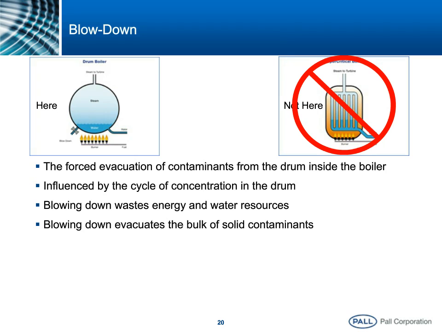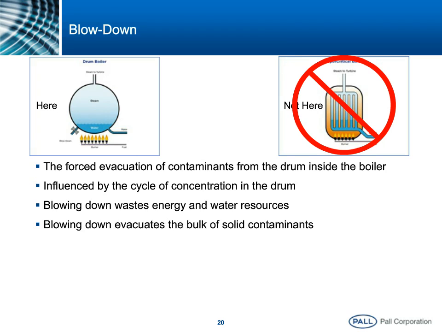It's usually influenced by the cycle of concentration in the drum. So the faster contaminants accumulate, the faster contaminants concentrate in the tube, the more often you will have to open that valve and blow down. So as you can imagine, blowing down is a huge waste of energy. And you have to do it because you hope to keep the system clean.